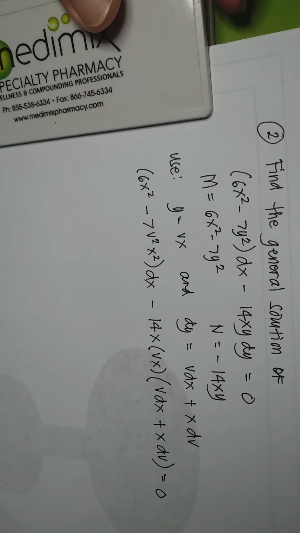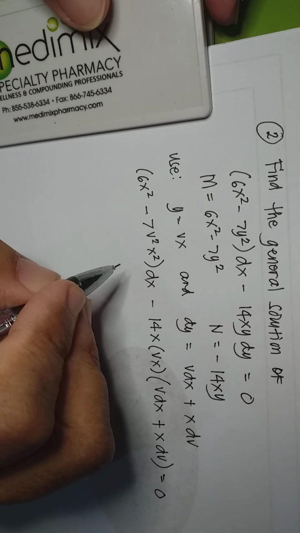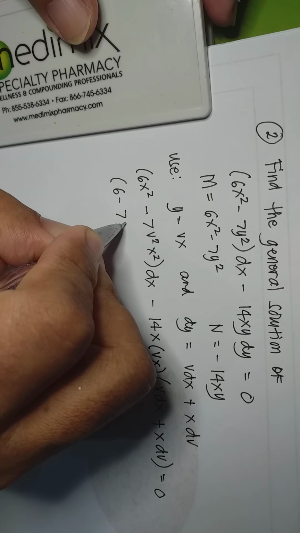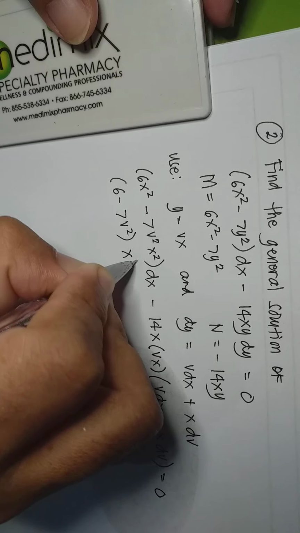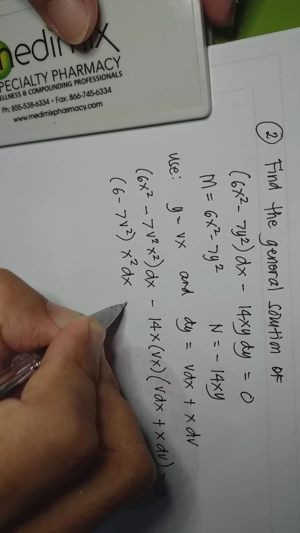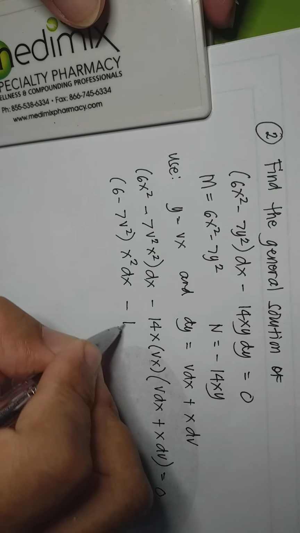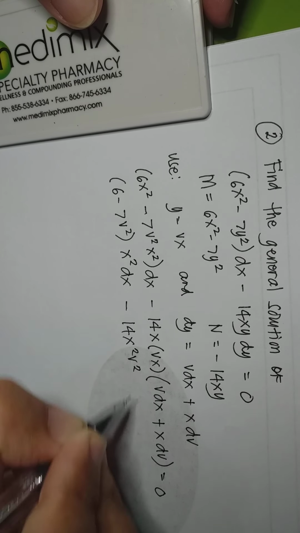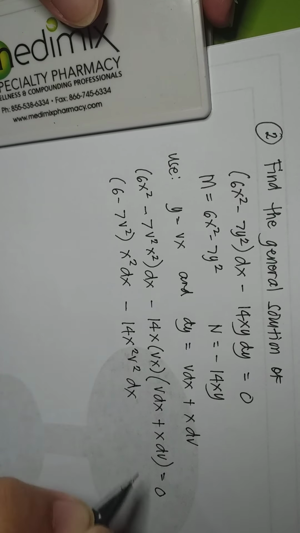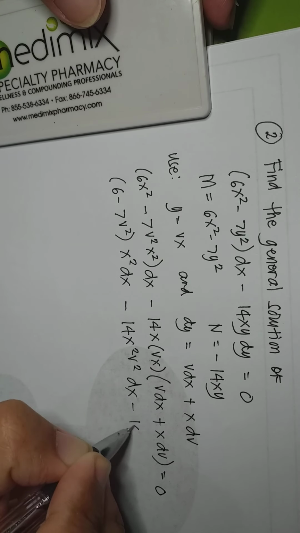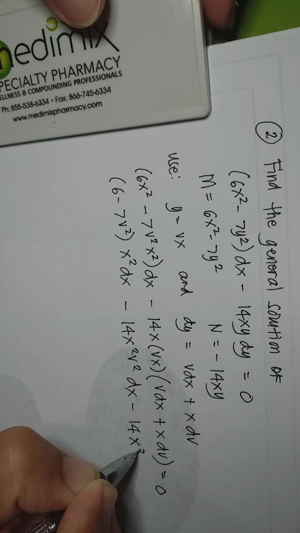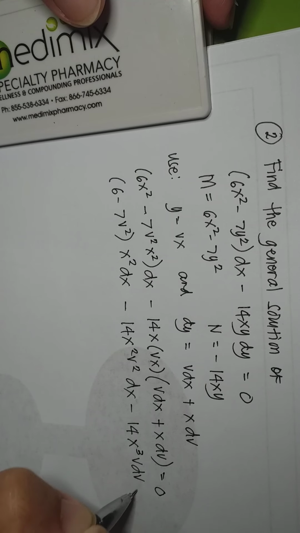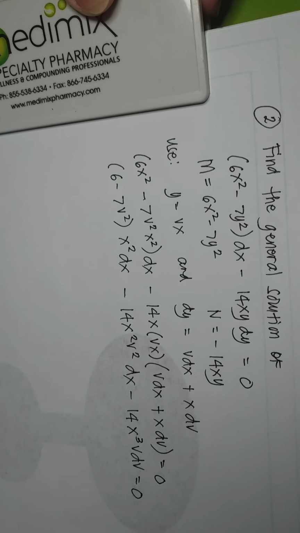Okay? Next, factoring x squared on the first term, we have (6 minus 7v squared) x squared dx minus 14 x squared v squared dx minus 14 x cubed v dv is equal to 0.